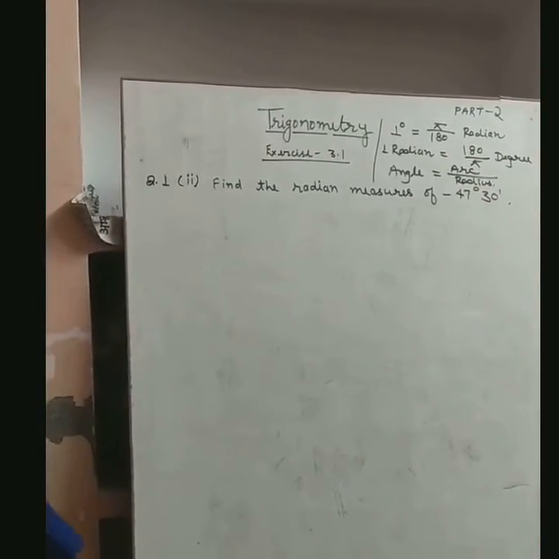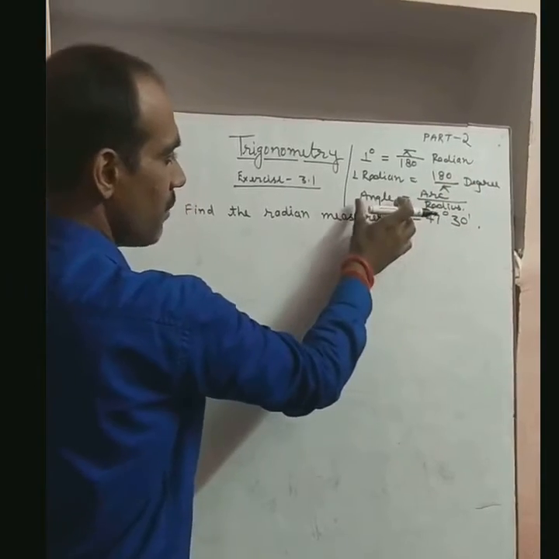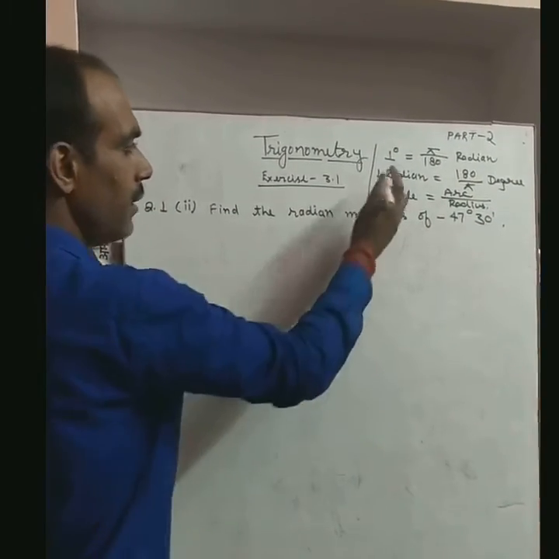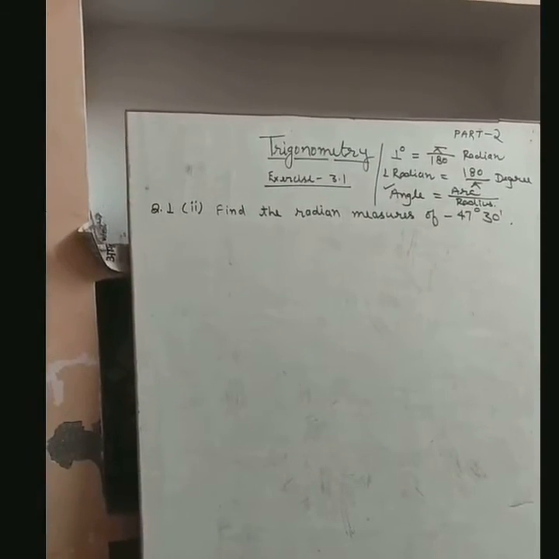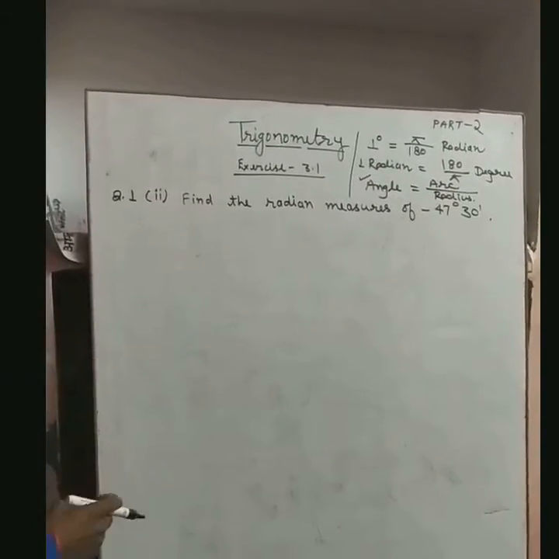Okay, it means if an arc subtends an angle at the center of a circle, then this is the formula for the angle. Okay, now look at this question.